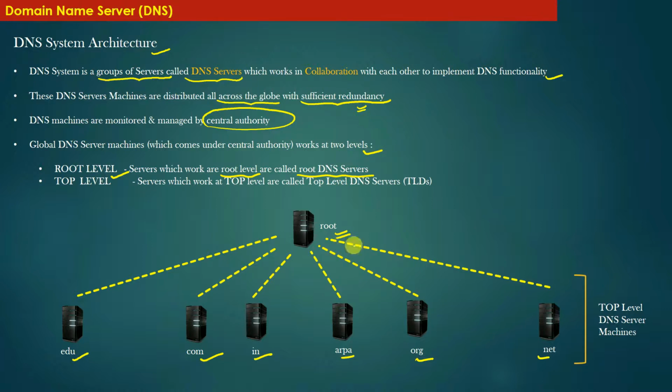The root of this tree is the root DNS server, whereas the DNS servers which work one level below the root DNS server are top level DNS servers. And remember, the root DNS server along with the top level DNS servers are managed, controlled and looked after by the central authority. Now let us discuss what is meant by sufficient redundancy.